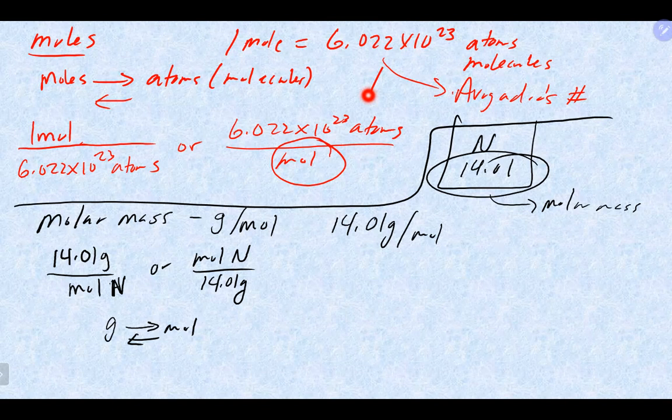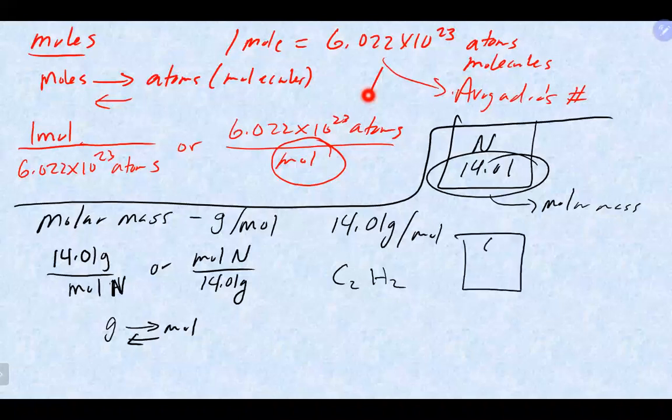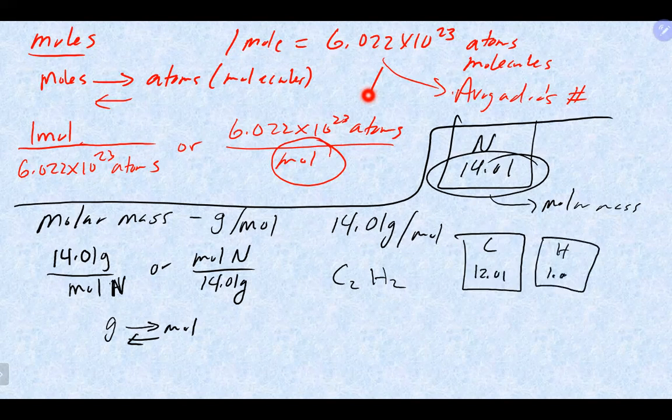We also could do it for some type of compound as well. You could just add up the parts. If you had something like this, you would go to the periodic table, find carbon, find hydrogen. And here we would just add up the parts. So there are 2 carbons, each at 12.01, and we have 2 hydrogens, each at 1.008 grams per mole from the periodic table.